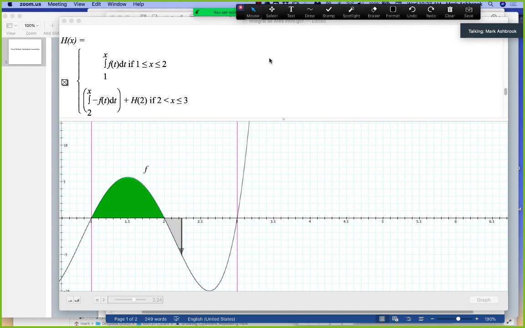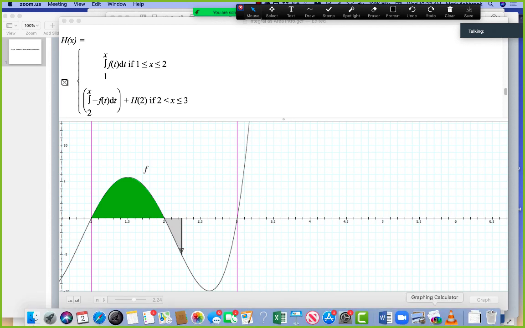So we have one vote for we need a function that gives area. And why? What's your thinking behind that? Why do you need an area function to find the accumulation of volume? I don't know, I guess, actually I don't know.